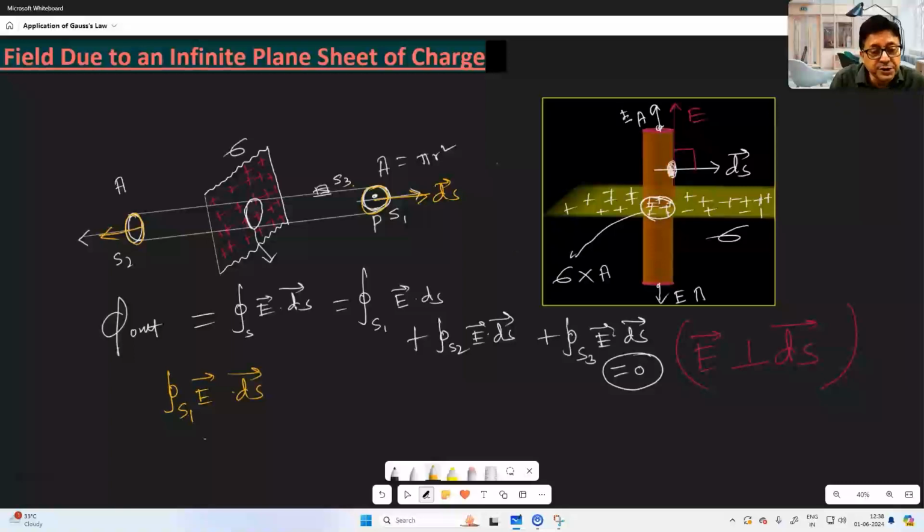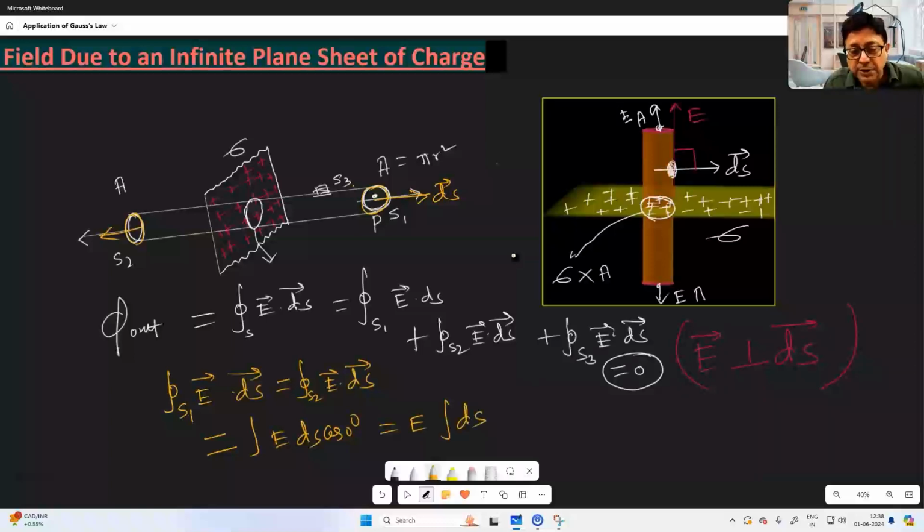So S1 E dot ds is given by, this is same as S2, they have the same value. So it will be E ds cos 0 degree. You will come out with the integration of ds. ds is what? E into the area of the end cap. Similar is the case here.